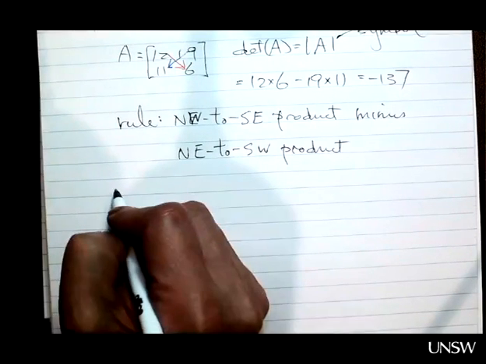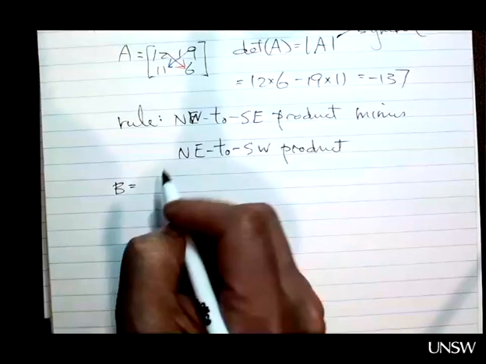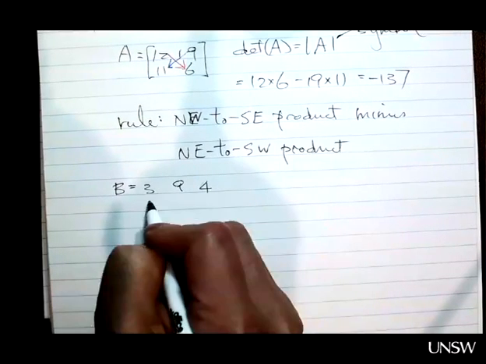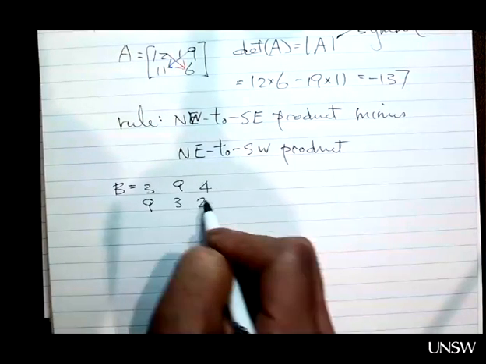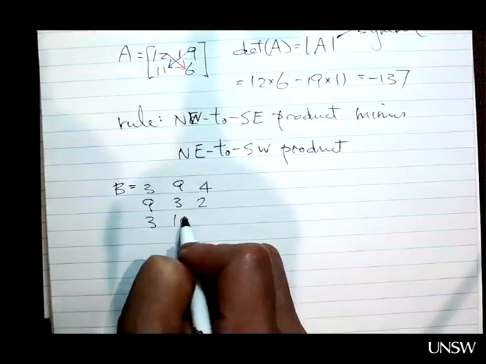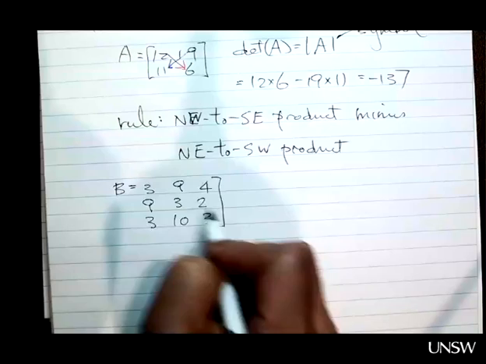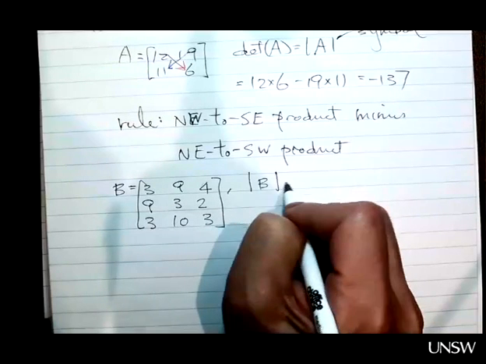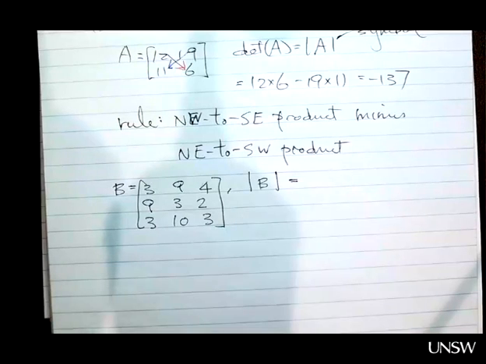If we have a larger size of matrix, for example, a 3 by 3 matrix, then the determinant of B equals the northwest to southeast product.